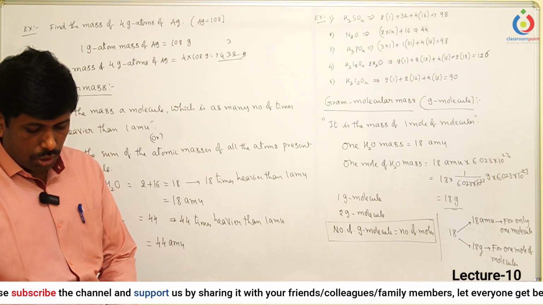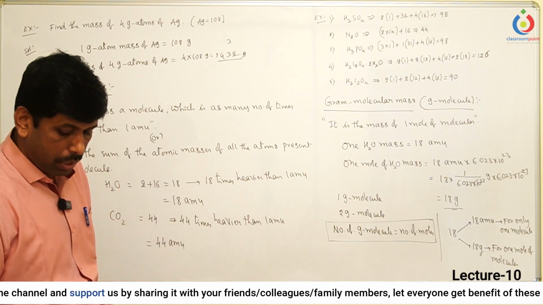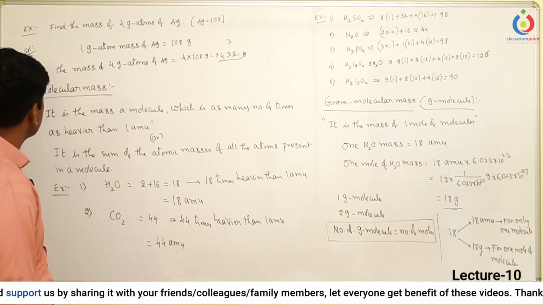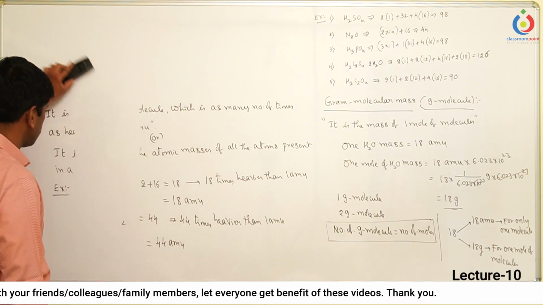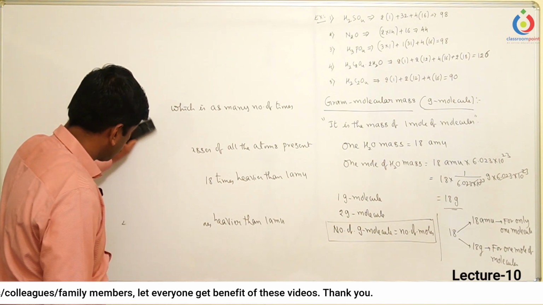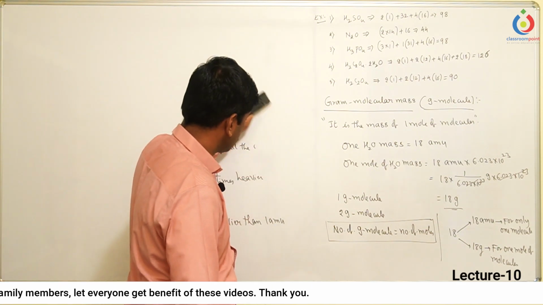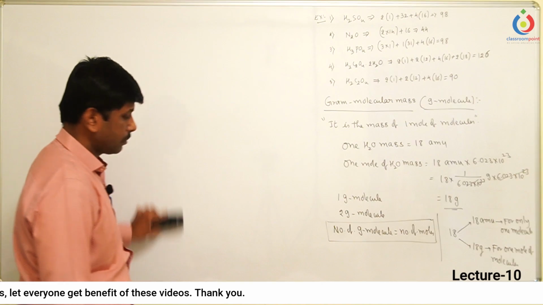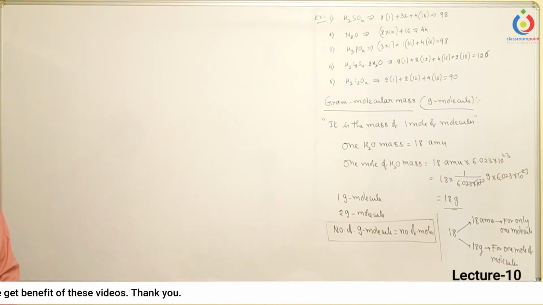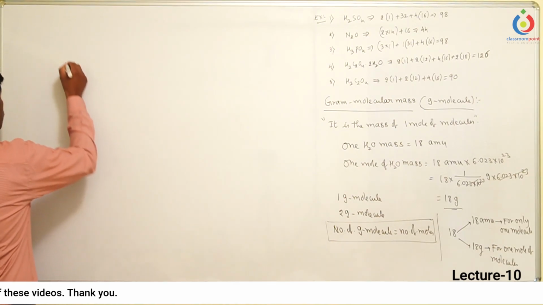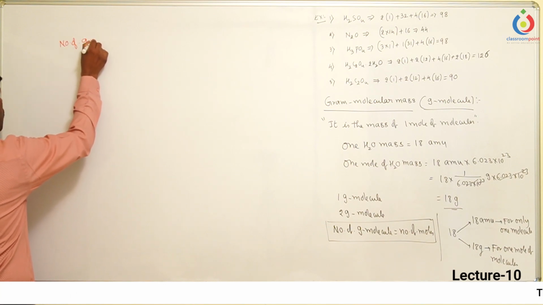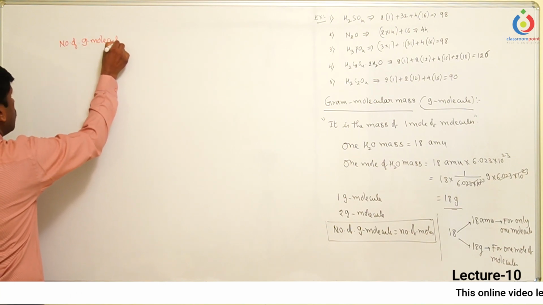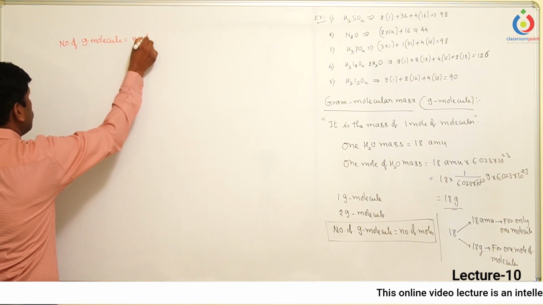So now let us try to solve one more question about the number of gram molecules. As we discussed, the number of gram molecules is equal to the number of moles.